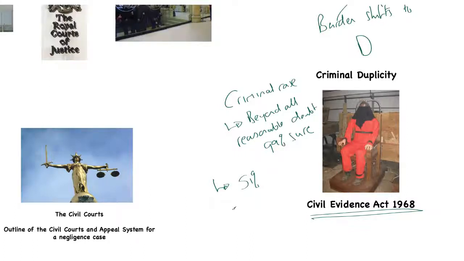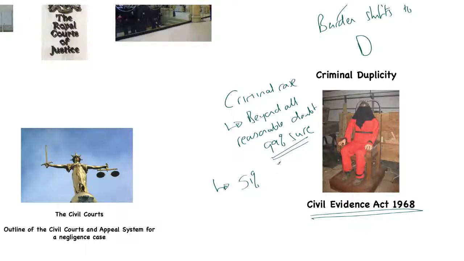The example I'll give is a car crash injuries claim. Let's say the defendant has caused a crash by driving dangerously. They have already been convicted of dangerous driving to the standard of 99% beyond all reasonable doubt.